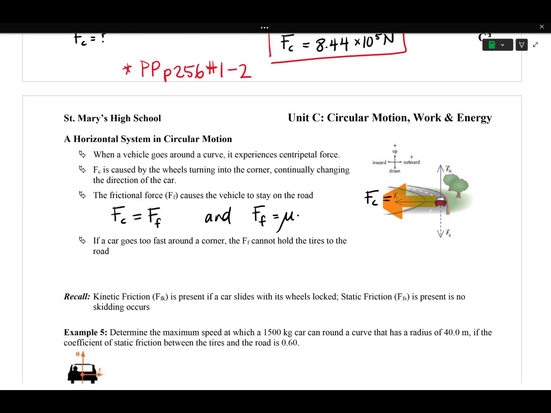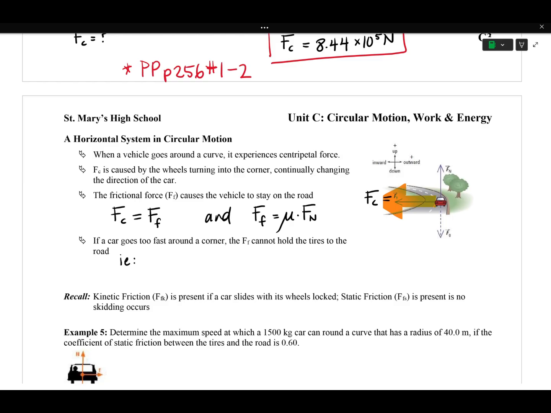Hopefully it's still fresh in your mind. That is the coefficient of friction times the normal force of the object. If a car takes a corner too quickly, the friction cannot hold the car in place, and therefore the car will skid off the road and go into the ditch.